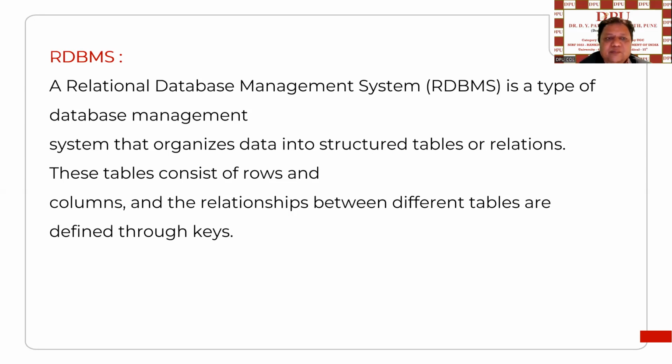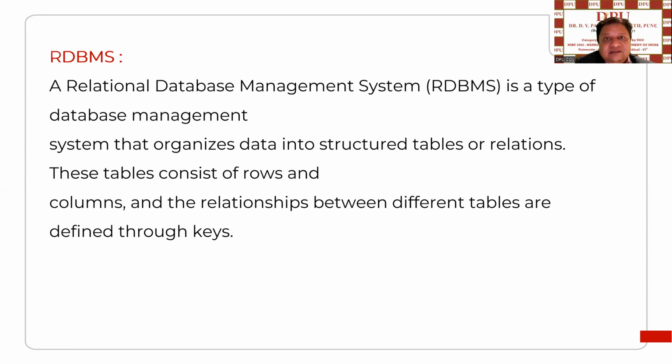The main point of a relational database management system is that it organizes data in a structured manner in tables, or relations. Like I said, tables in a database management system are referred to as relations.